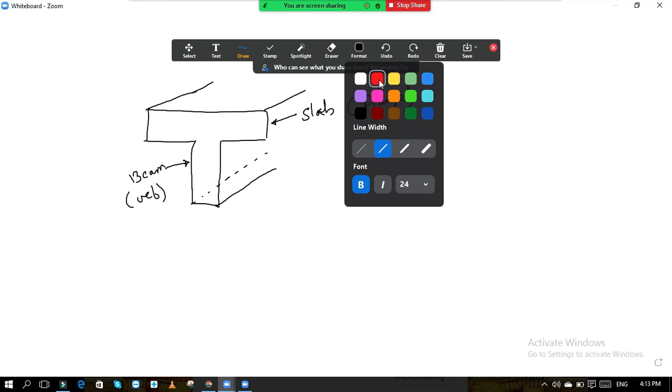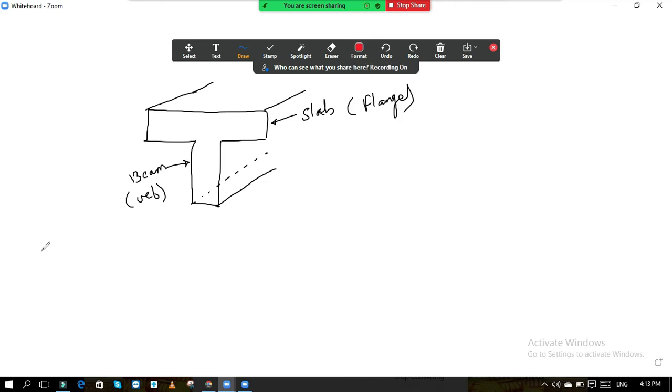So you write down some theory about this T beam. I am writing here, you just copy it down.